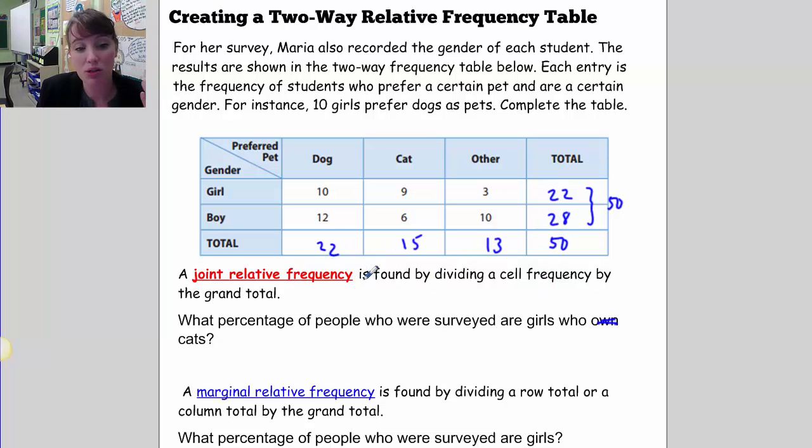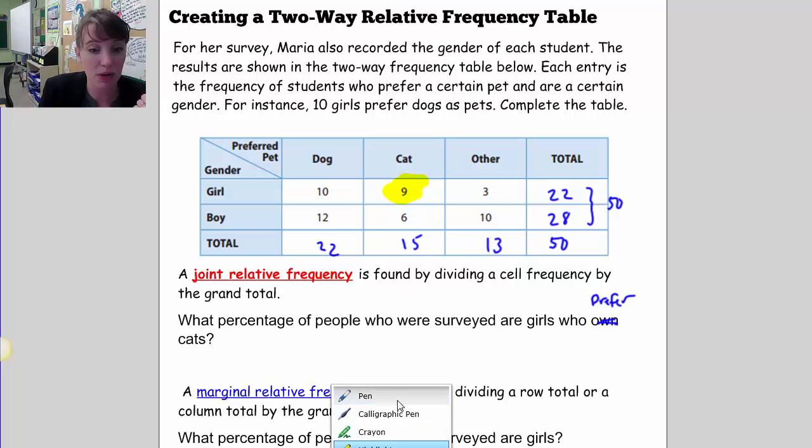A joint relative frequency is found by dividing a cell frequency by the total. For instance, if I ask what percentage of people who were surveyed are girls who prefer cats, then 9 people were both girls and prefer cats.